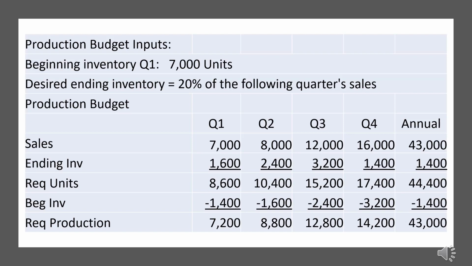And if you were looking at a real company that had different budgeted sales figures, these two numbers would be different. The whole point is that up here, this has to come from Q4 ending inventory, and down here, this 1,400 has to come from Q1 beginning inventory.